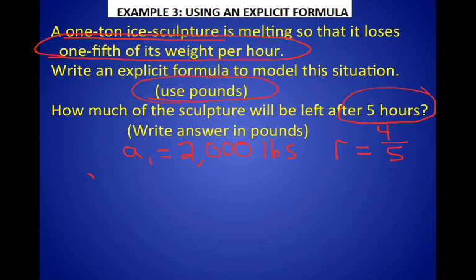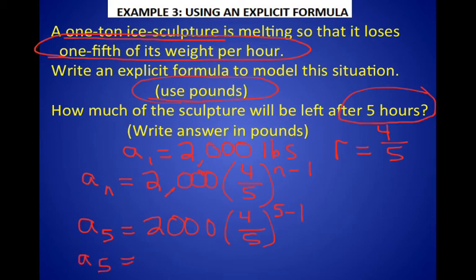Well, so I'll kind of work it out here. First I'll try to come up with the nth term. So the first term is 2,000. The r in this case would be 4/5, and then I'm going to raise it to the n minus 1. And so after 5 hours, I would have a sub 5, which would be 2,000 times 4/5 raised to the 5 minus 1, and I would plug that into the calculator.